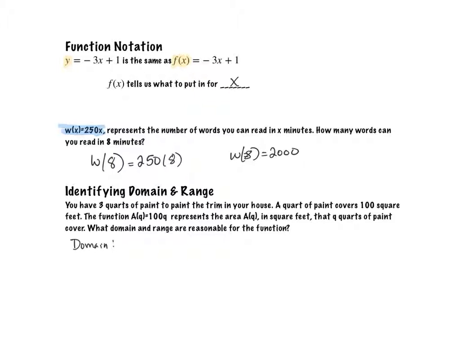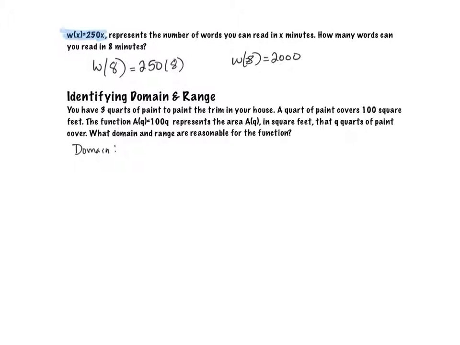The amount of paint I use or the trim I paint? Allison, you got any thoughts? The amount of paint, right? So the domain is the amount of paint, and then the range is the amount covered.